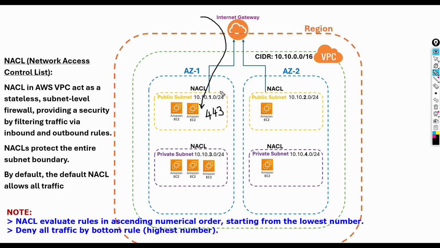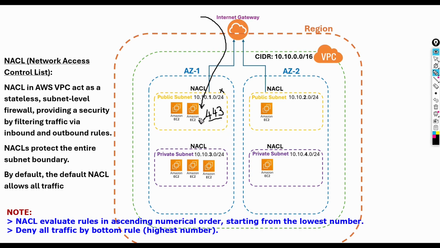The rest of the ports will get blocked on the subnet level. So this policy, or we can say this NACL access control list, will allow only port 443 and the rest of the ports will get blocked, and it will get applied to the whole subnet.